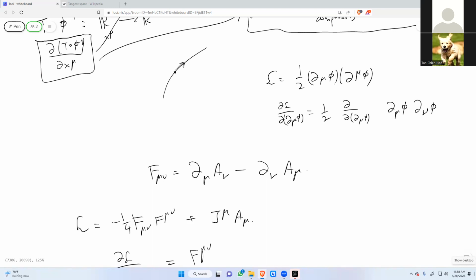Then I have the Kronecker delta that contracts them together. Actually, that's not quite right, it's more like the Minkowski metric.